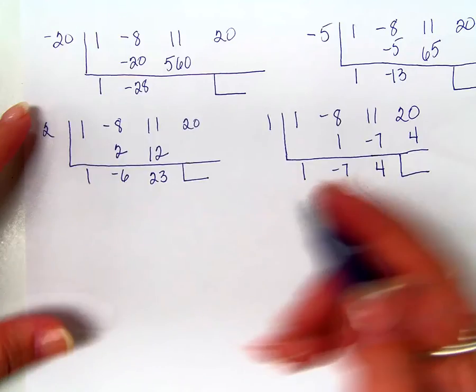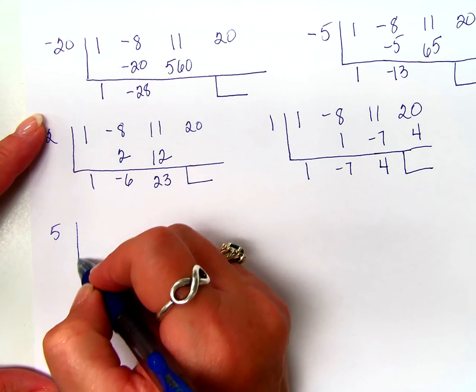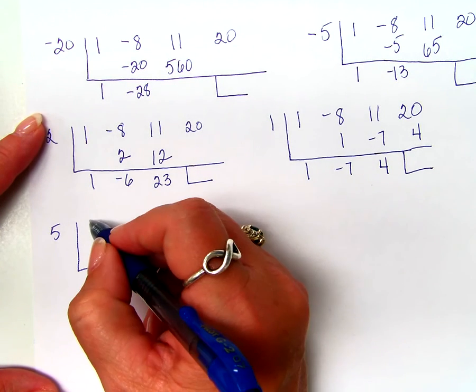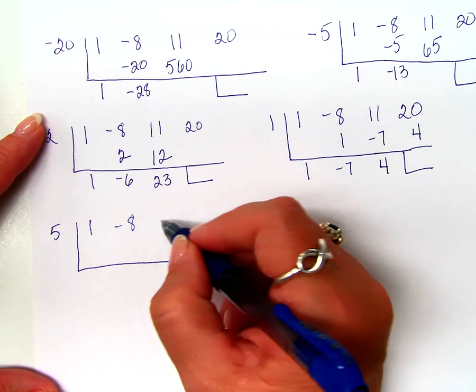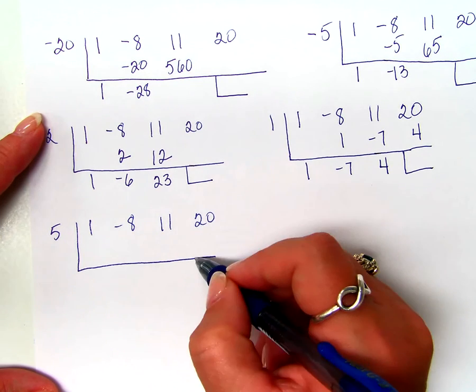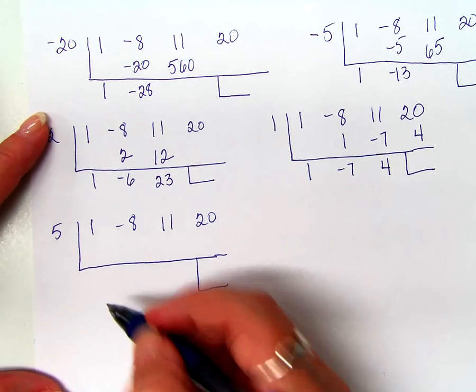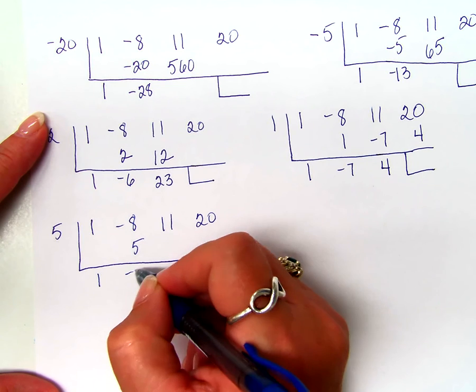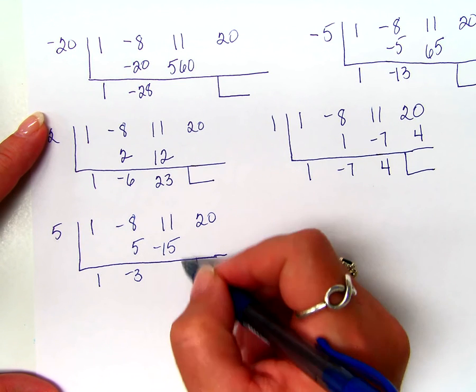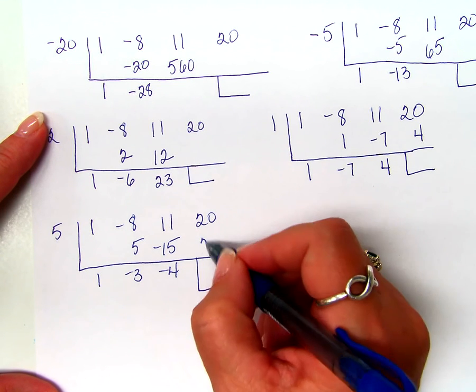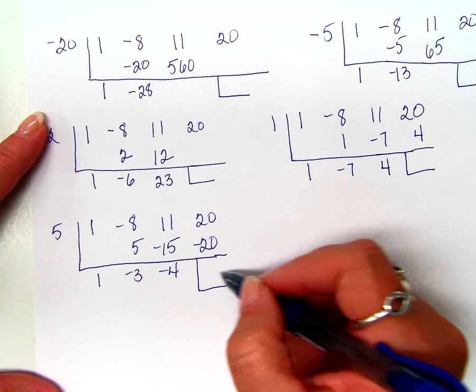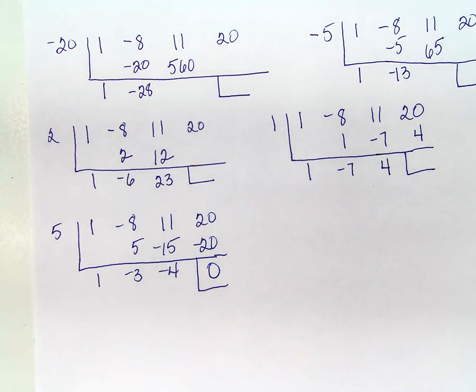Positive 5, okay? Positive 5. 1, 5, negative 3, 15, negative 4, negative 20. Ooh.